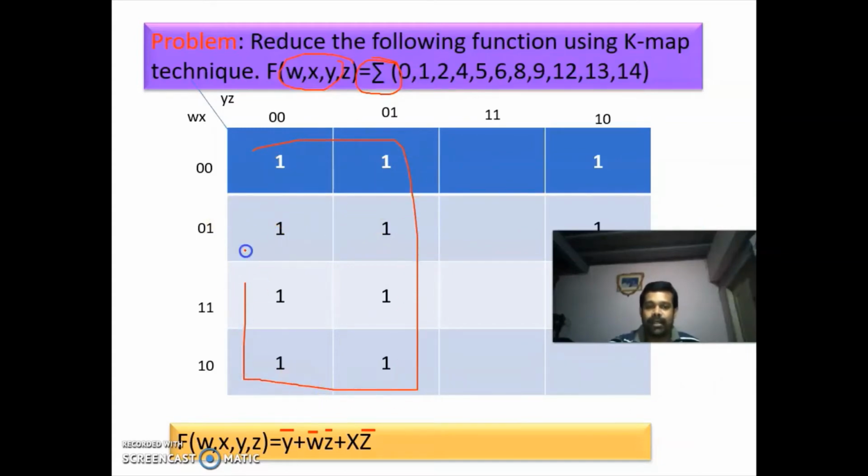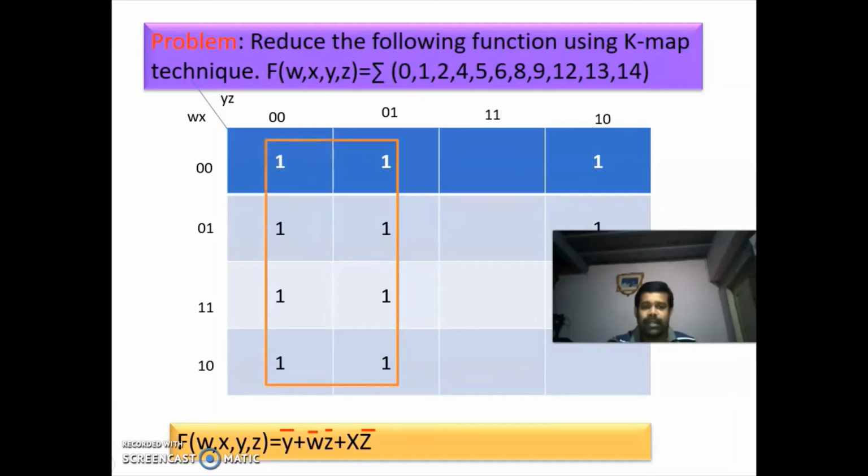We can group like this. Then you are having 3 ones like this. You can group these 4 ones like this. And then these 4 ones like this. So this is the first group, this is the second group, and this is the third group.